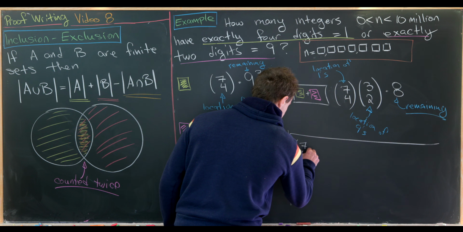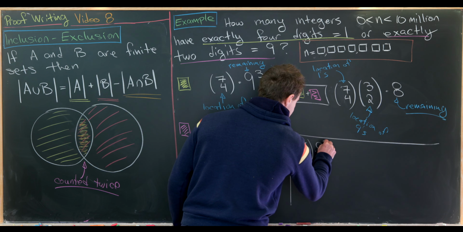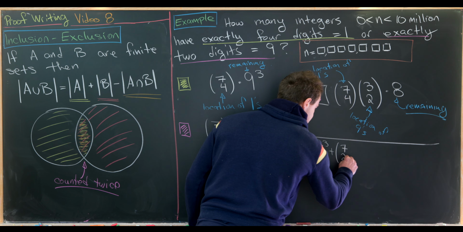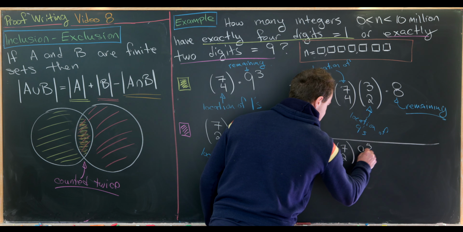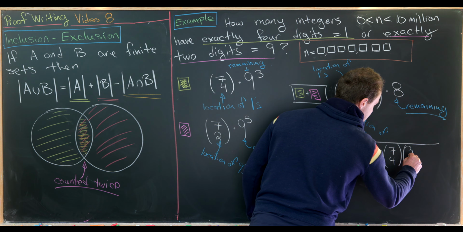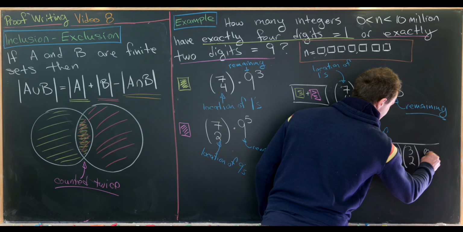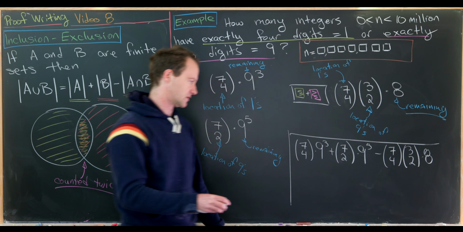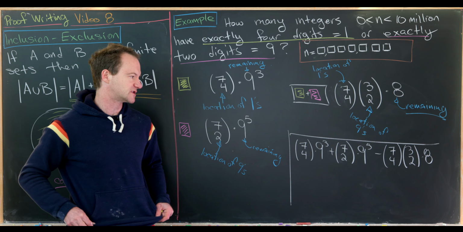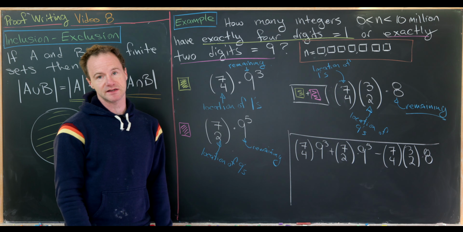So it'll be 7 choose 4 times 9 cubed, and then plus 7 choose 2 times 9 to the 5th power, and then minus 7 choose 4 times 3 choose 2 times 8 to the 1st power. So I won't calculate that up, but you can use the formula for binomial coefficients to easily calculate that up. It's going to be a fairly large number, so you probably want to use some sort of computational device.